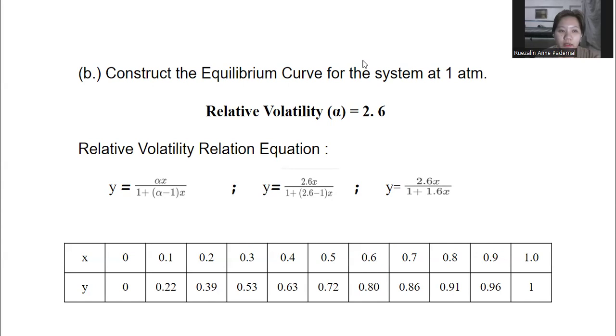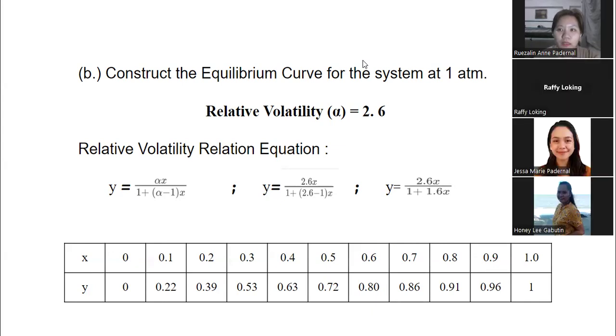Substituting our given relative volatility, we now have y is equal to 2.6 times x over 1 plus the quantity 2.6 minus 1 times x. Simplifying, we get 2.6 times x over 1 plus 1.6 times x.